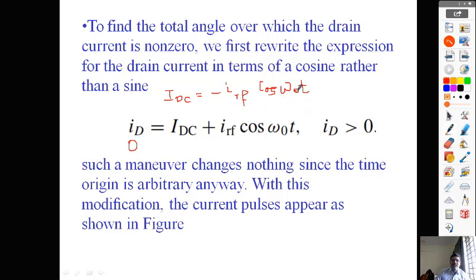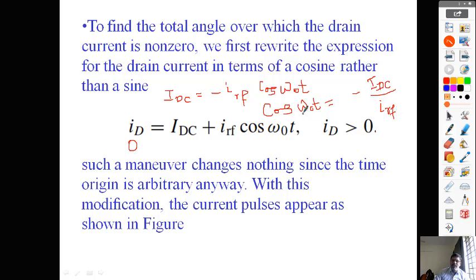Therefore, cos omega naught t equals minus IDC divided by IRF.